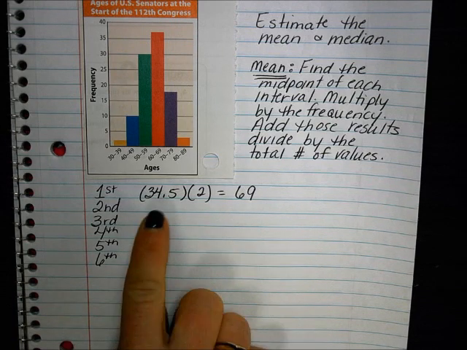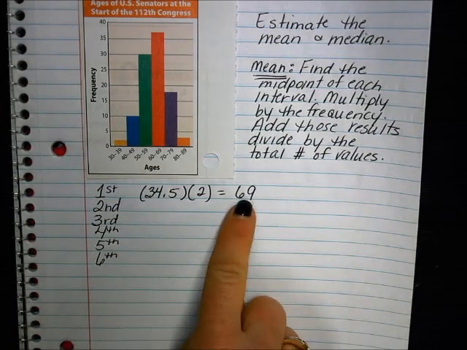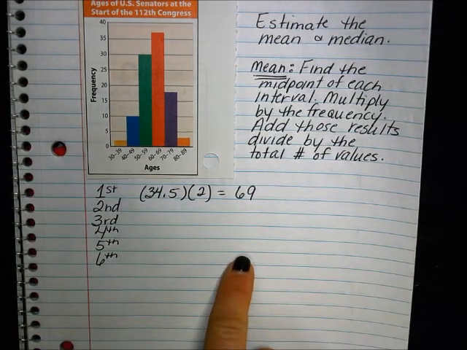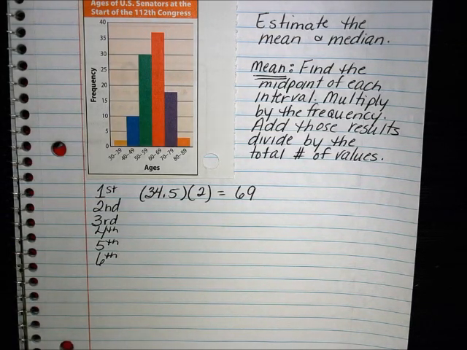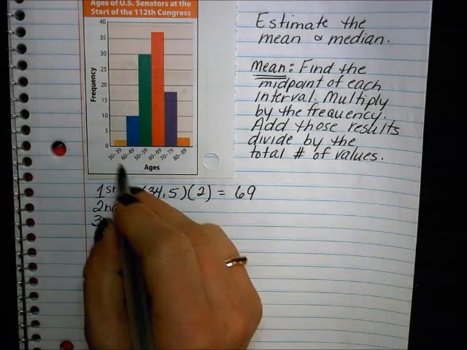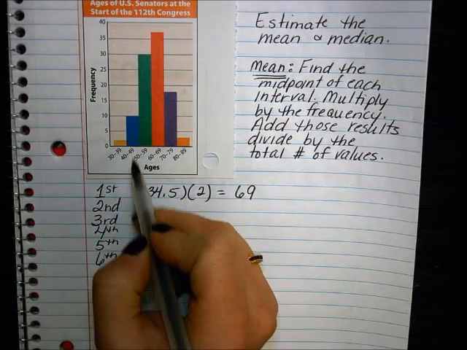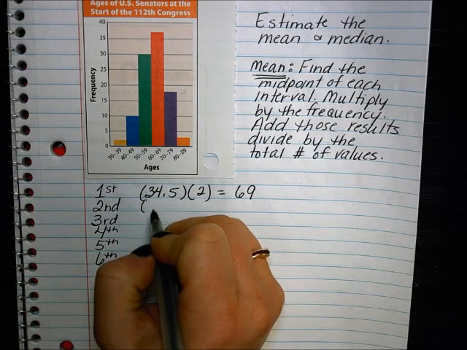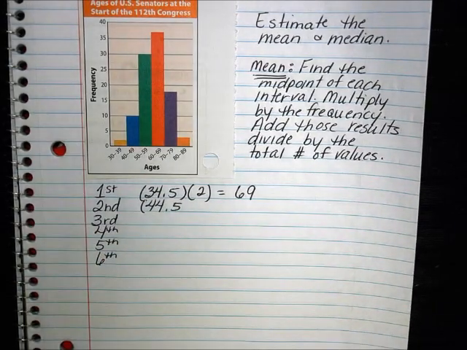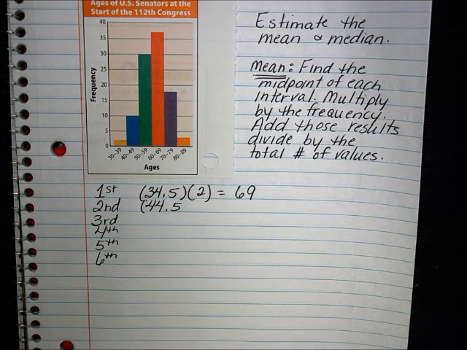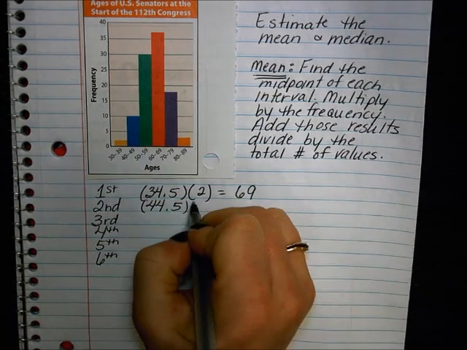What I'm going to do is go through and find all of these values. Once I know all those values, I'm going to add them up and then divide by how many values there were. So I'll do one more for you. The middle of the second interval, 40 to 49, that would be 44.5 years old, right? That's the middle of that interval.